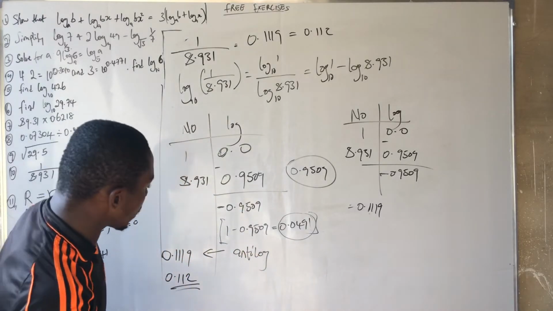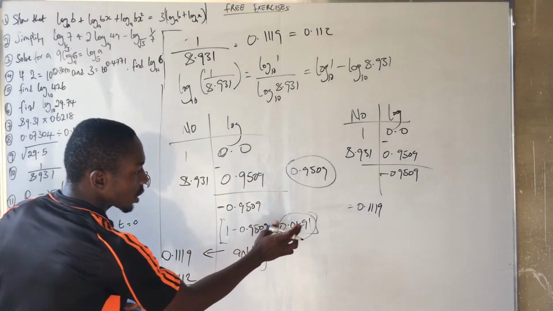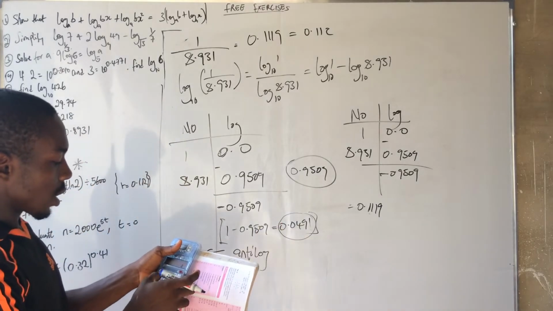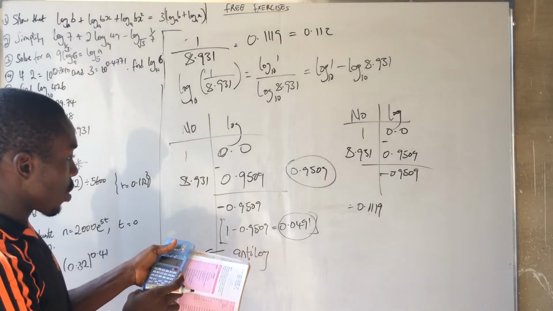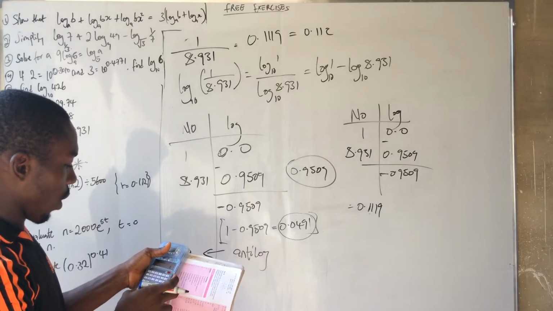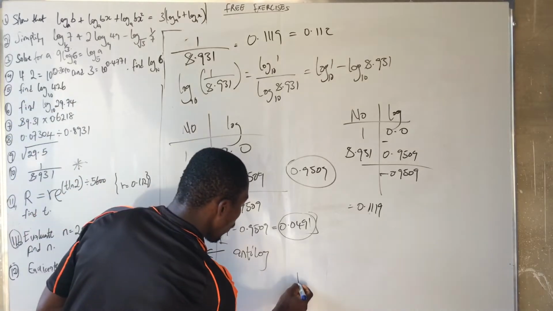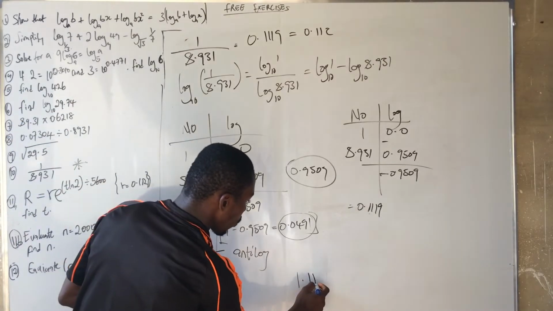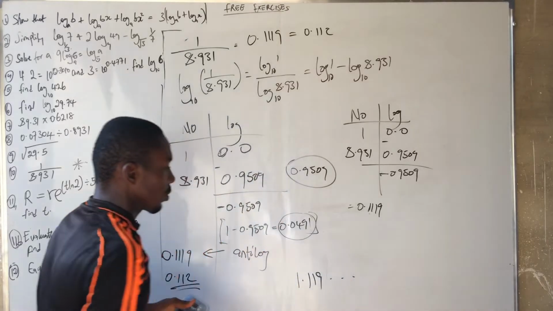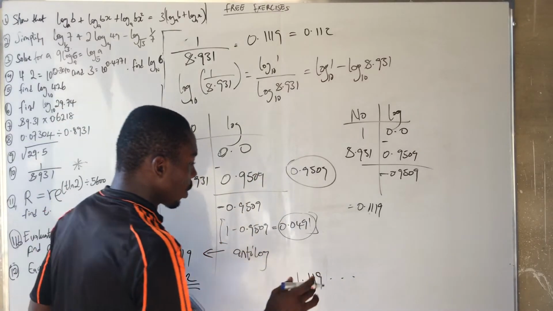But if you punch this in a calculator, the anti-log of 0.0491, we are going to have 1.119.